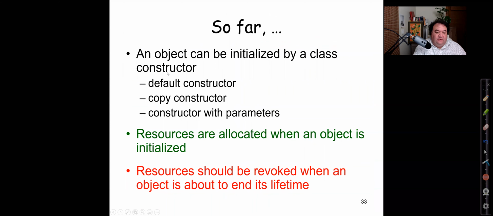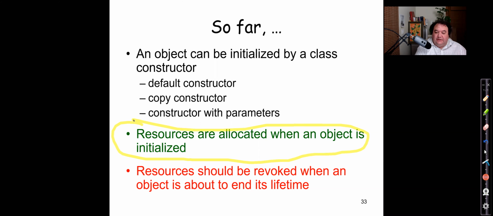So far we have been looking at objects and how they're being initialized and manipulated. We'll be looking at constructors, either the default one, copy, and others with parameters. We'll be looking at the concept of allocating resources when objects are allocated or even when they are modified.